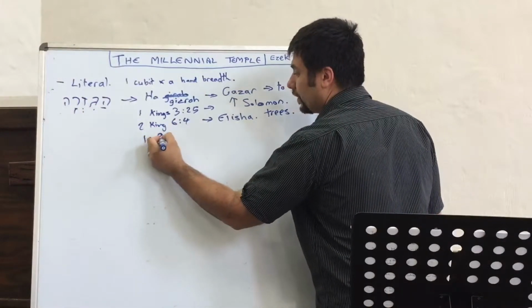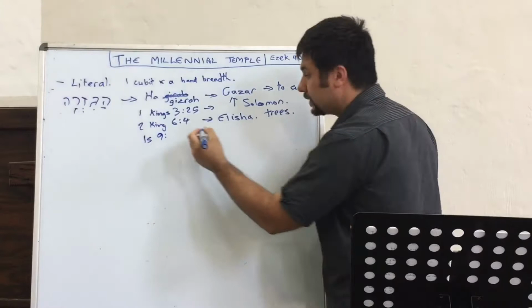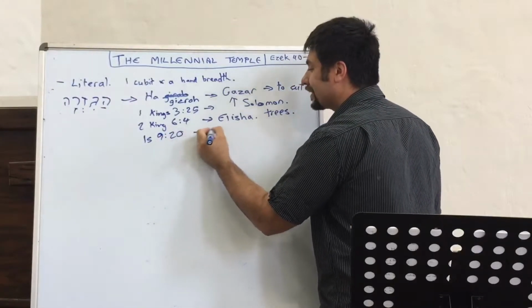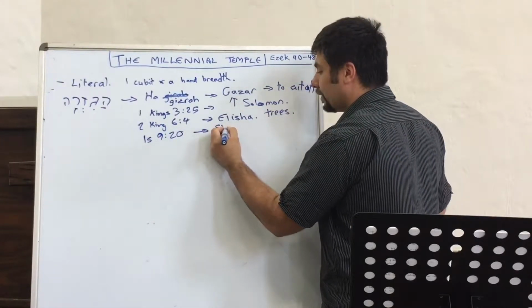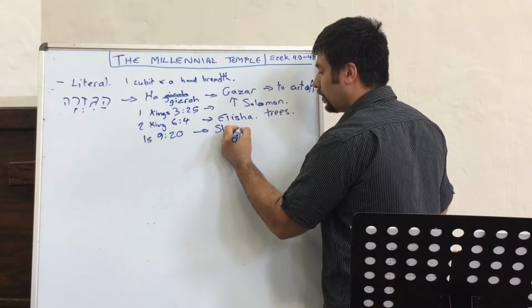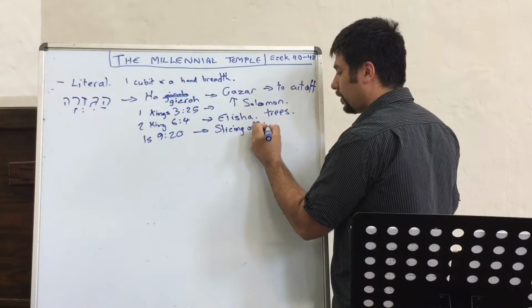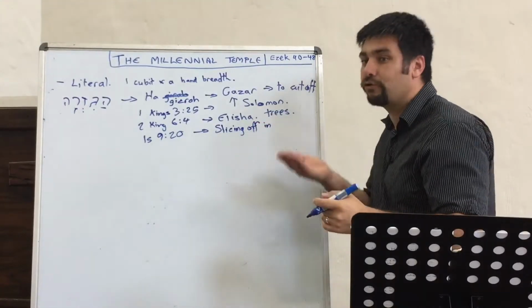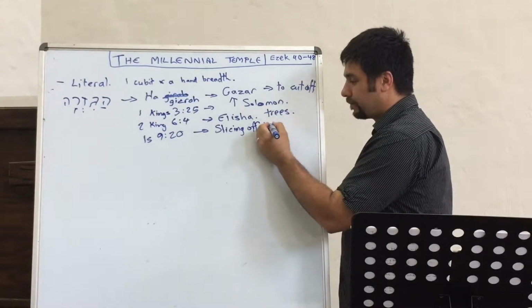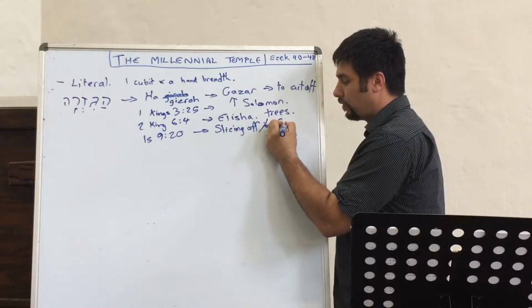Isaiah 9 and verse 20 talks about slicing off what is in the hand. Slicing off what is in the right hand. And it means eating food, consuming. So I can just put slicing off food.